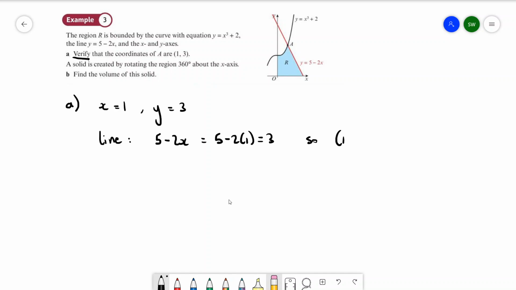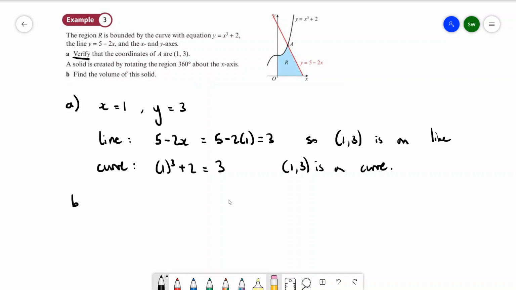So that means that (1, 3) is on the line. And similarly for the curve, we'll just sub in x equals 1, so we'll have 1 cubed plus 2, which is 3. So (1, 3) is on the curve. And that's all we need to do.